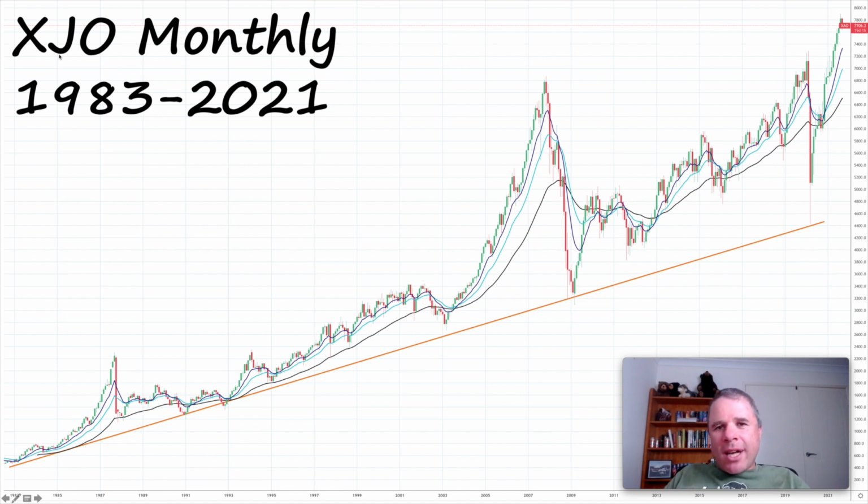It got right near the uptrend. We also saw the XJO hit that uptrend during the bottom of the GFC, and then again during the COVID-19 financial panic.